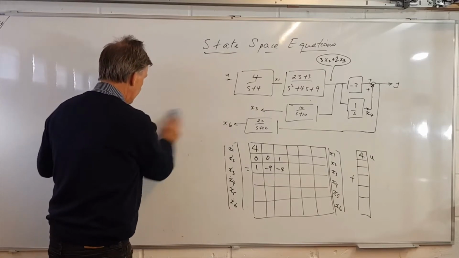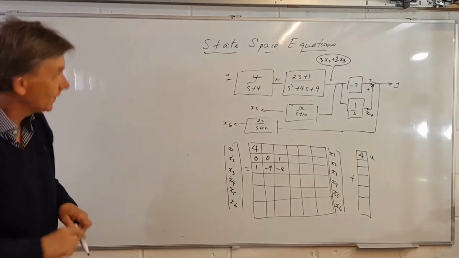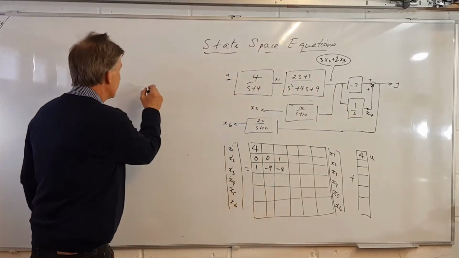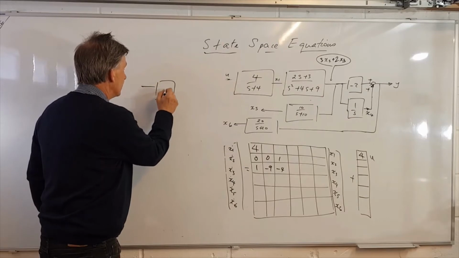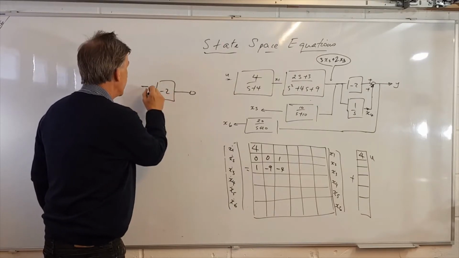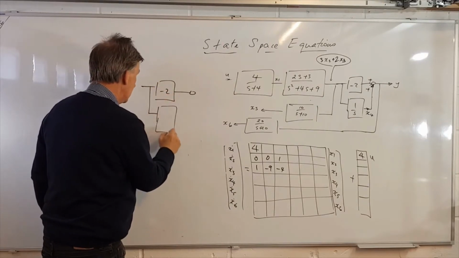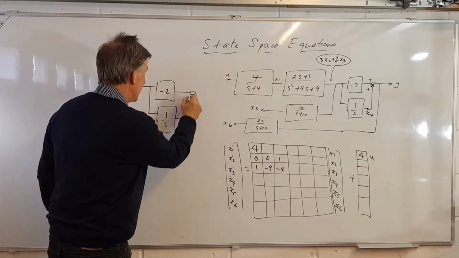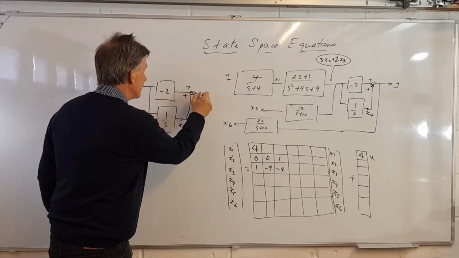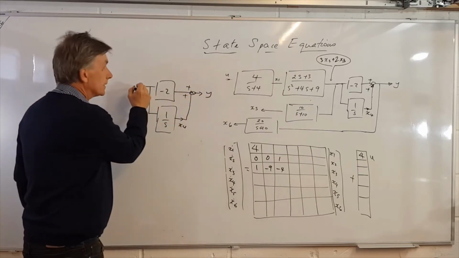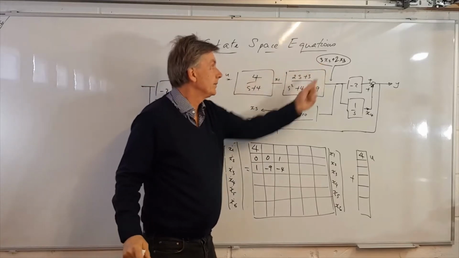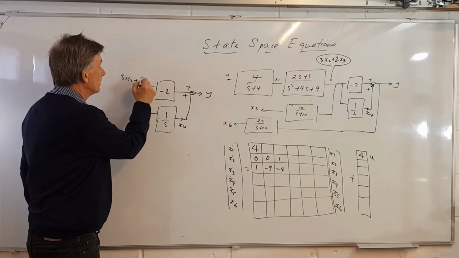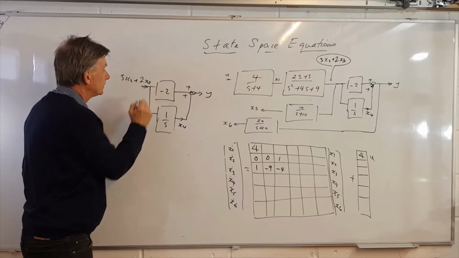So let's move on to the next one now, which is this part here. What we've got is a little block diagram with the minus 2 in there, and a 1 over s in there. This variable is x4. This is on a plus and a plus. That's the output y, and this signal here is 3x2 plus 2x3.